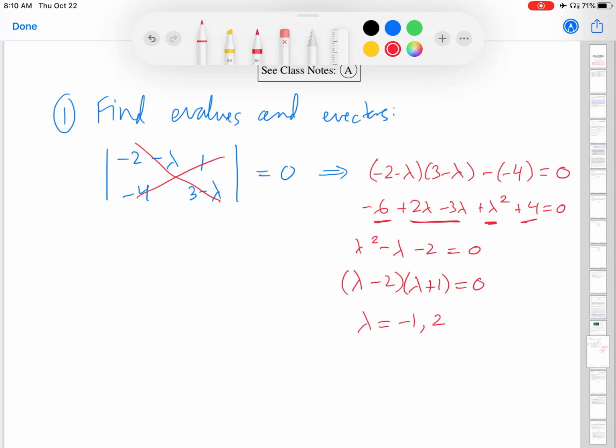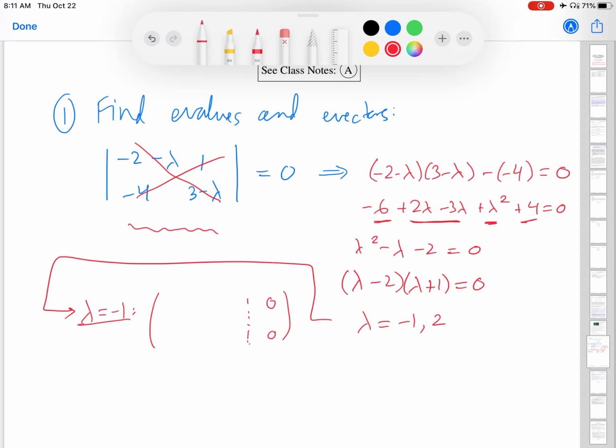All right, so now we have our eigenvalues. Let's go over here and start trying to find our eigenvectors. The first eigenvalue that I'm going to find the eigenvector for is negative 1. Remember, I go back up to the matrix that I have formed and I solve the augmented matrix with that eigenvalue substituted in.